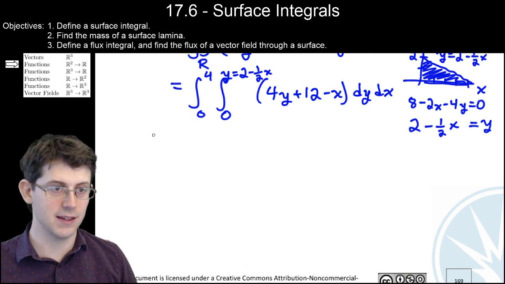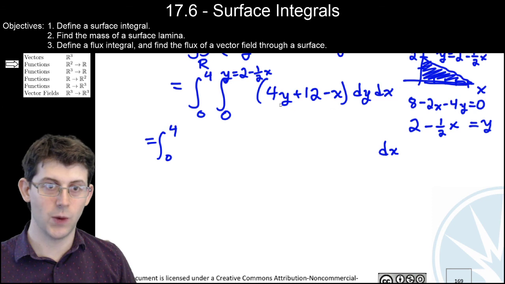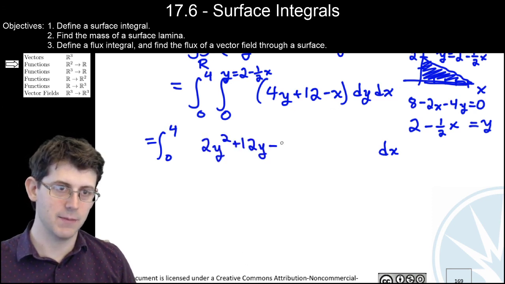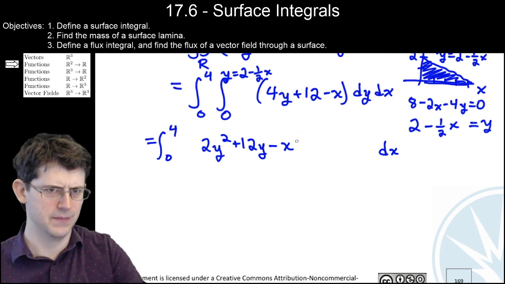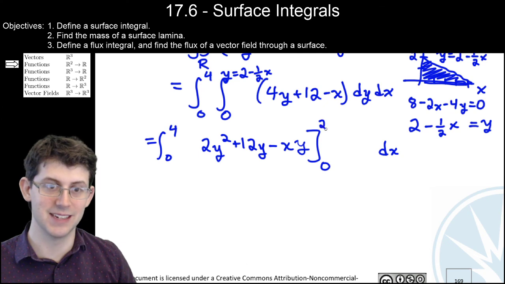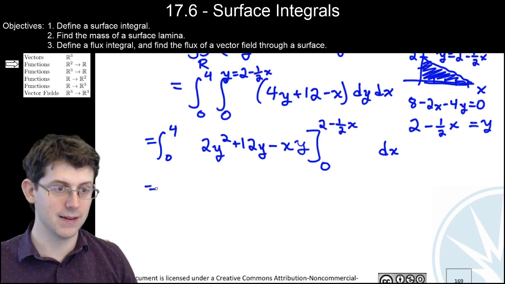So we'll do the inner integral first. The outer integral will just wait for us. This is a y integral, so we'll have 2y squared plus 12y minus xy. I said xy and then wrote something completely different. These are the y bounds, so I plug these in for y.